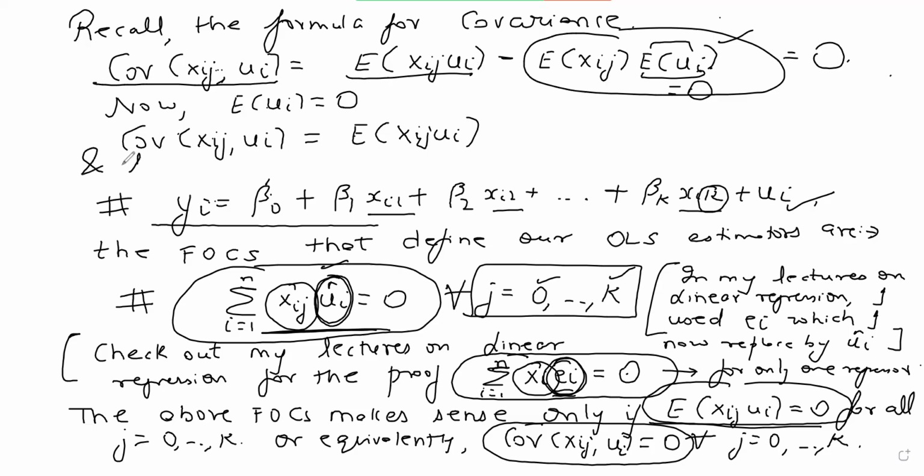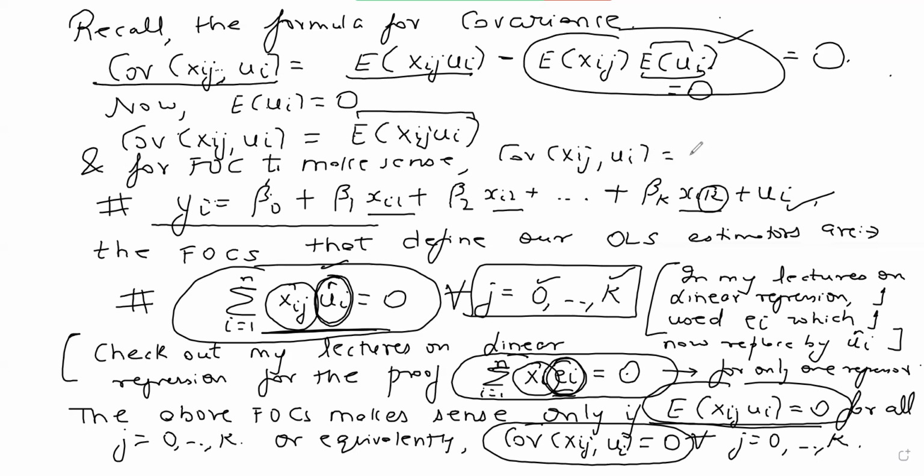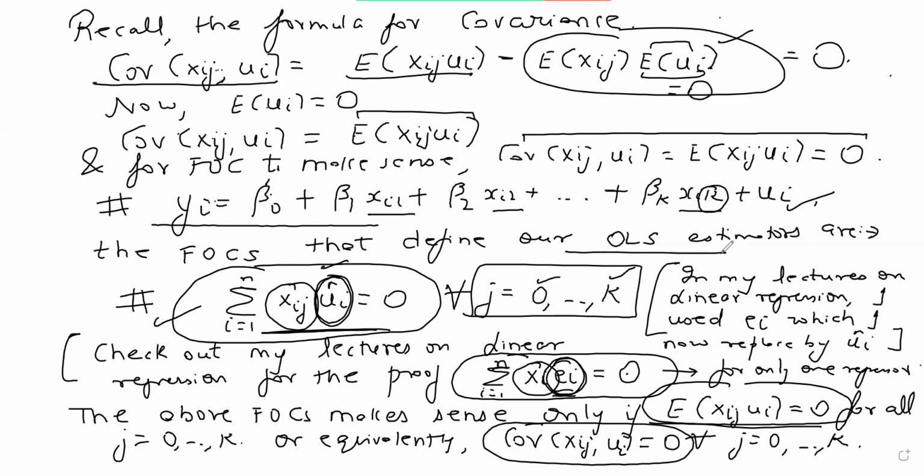And for the first order condition to make sense, covariance between xij comma ui, which we have shown is equal to expected value of xij ui, should be equal to 0. Because only when the regressors are uncorrelated with the disturbance terms are your first order conditions for OLS estimators going to hold true.